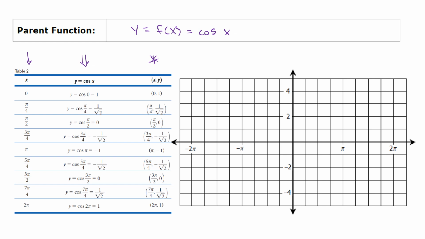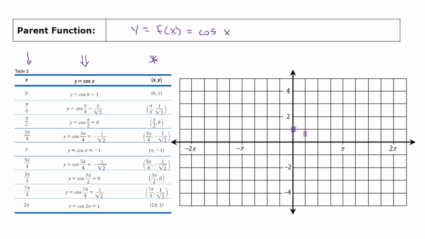So for the cosine graph, it starts at 0, 1, whereas the sine graph started on the origin. Then we go down to 1 divided by square root 2, or square root 2 over 2, which is approximately 0.7.